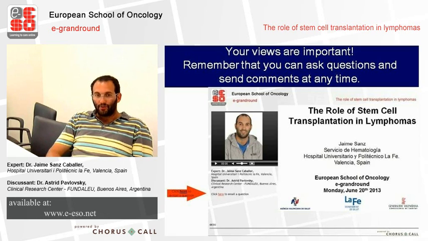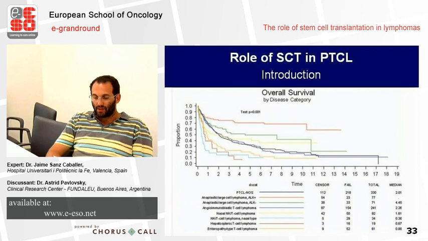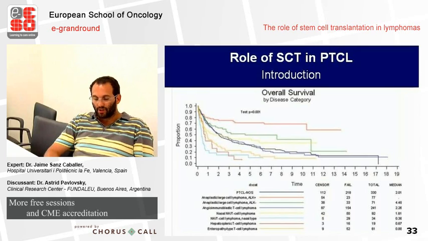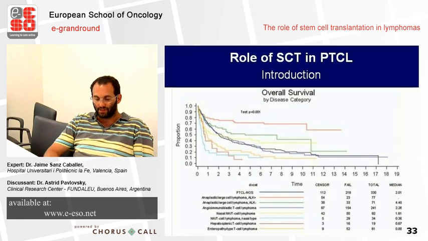Slide number 33, to finish with the subtype, the role of transplant in peripheral T-cell lymphomas. T-cell non-Hodgkin lymphomas are a heterogeneous group of lymphomas. Standard treatments such as combination chemotherapy with CHOP or CHOP plus etoposide are less effective for T-cell lymphomas than for B-cell lymphomas, with the possible exception of ALK-positive anaplastic large cell lymphoma.